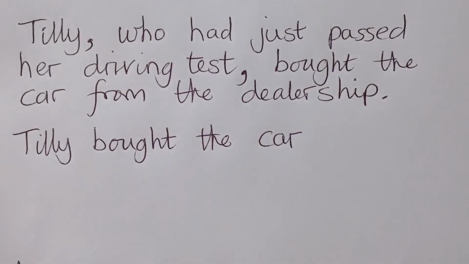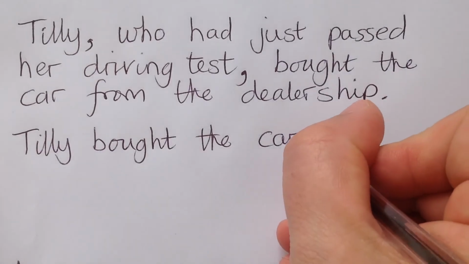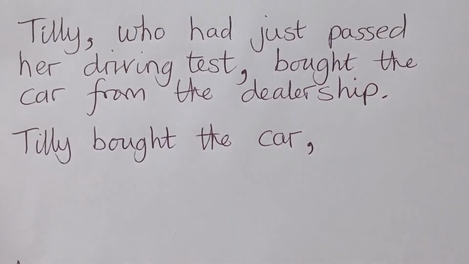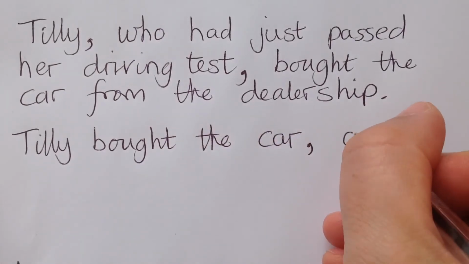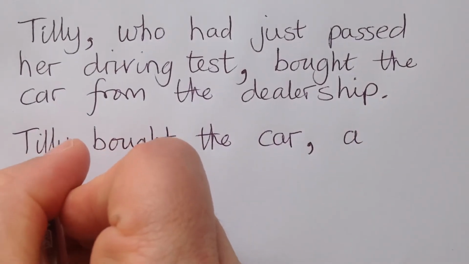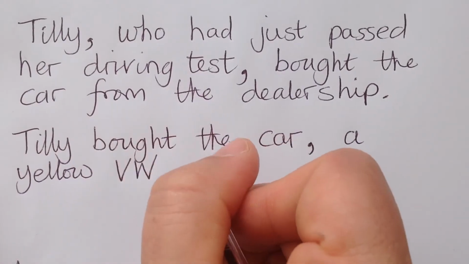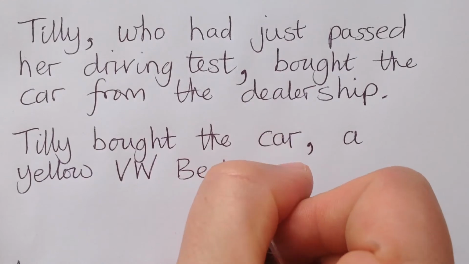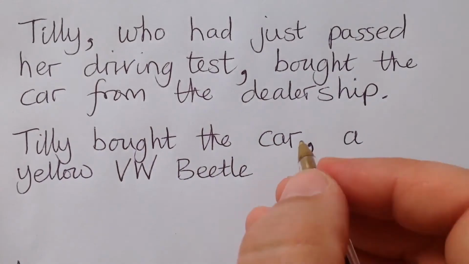Now I'm going to tell you something. Last time I told you something about Tilly. This time I'm going to tell you something about the car. I'm going to tell you what type of car it is. Tilly bought the car, a yellow VW Volkswagen Beetle, and now I'm going to go back to my sentence.